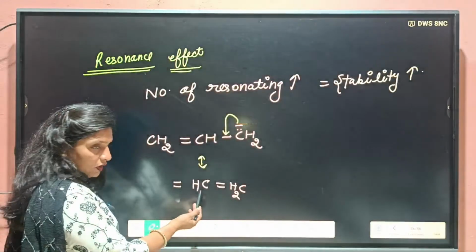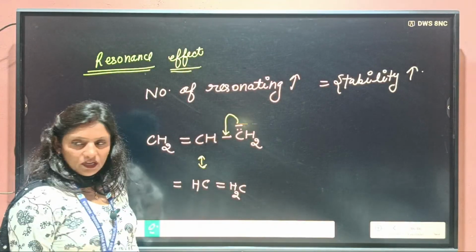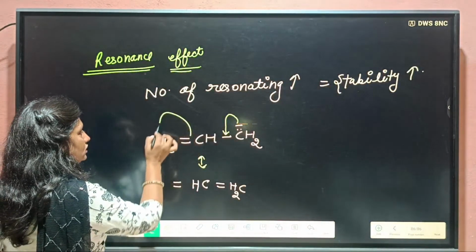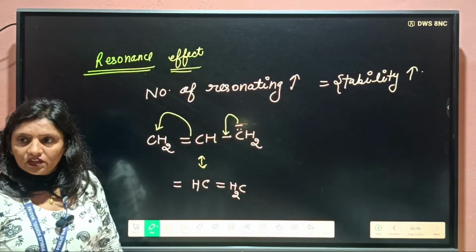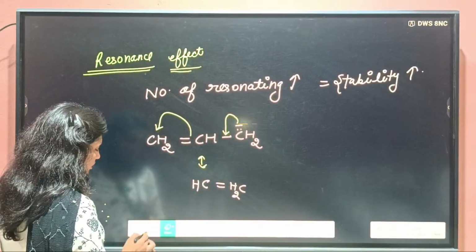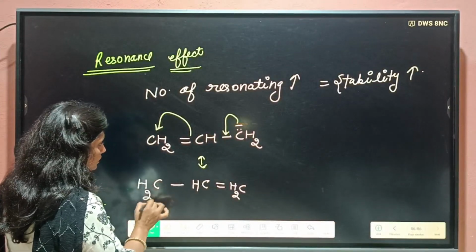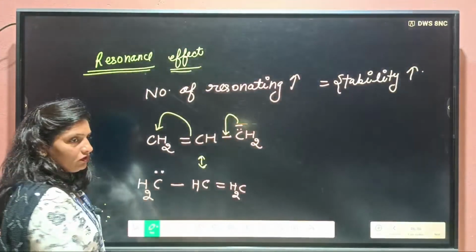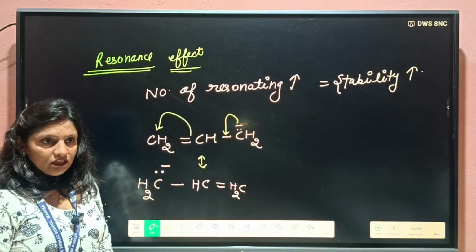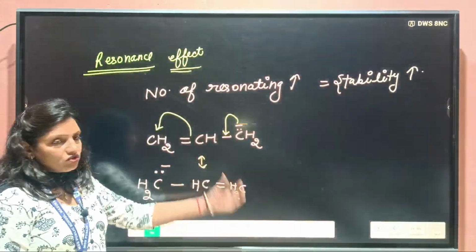So now count the number of bonds with this carbon: 1, 2, 3, 4, 5. But carbon is tetracovalent. So further what will happen? This pair shifted here. Clear? Then students, it is a single bond. And CH2, this pair of electrons goes on this one, and it is accepting now. Clear? Either we can write it this way or this way. So both are resonating structures.